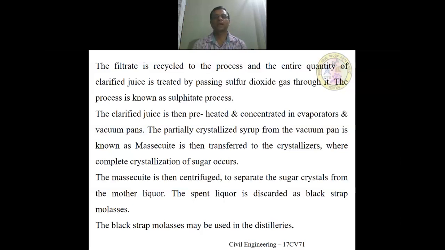This process is called sulphitation, and then the juice is preheated and concentrated in evaporators and vacuum pans. So we get partially crystallized syrup called massecuite, which is then transferred to the crystallizers, where complete crystallization of the sugar occurs.